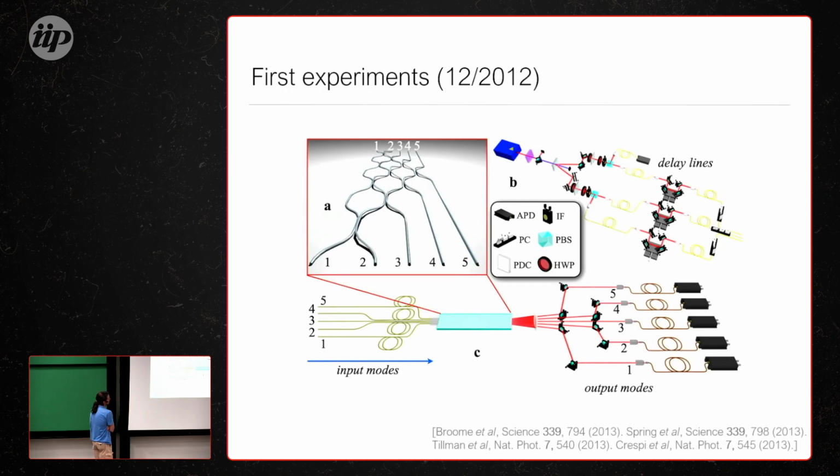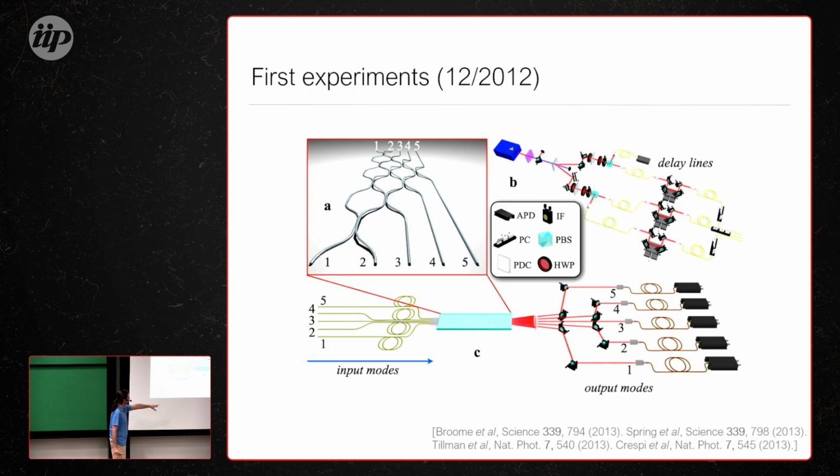And experimentalists already had small versions of those experiments at hand. They were really looking for something to do with those experiments. A few months after that proposal came out, 4 different groups demonstrated the first small proof of principle versions of this thing. I was not involved in actual experiments.